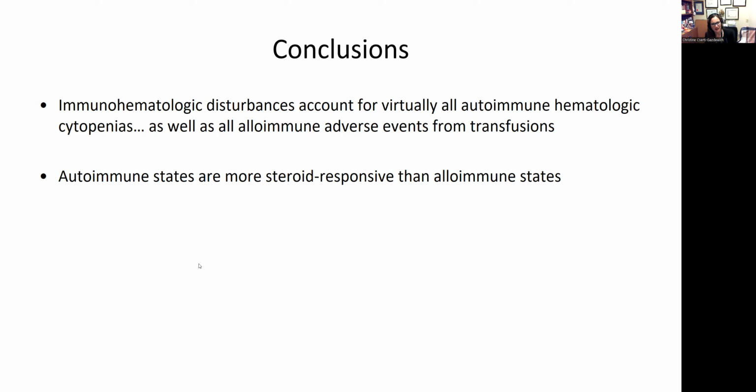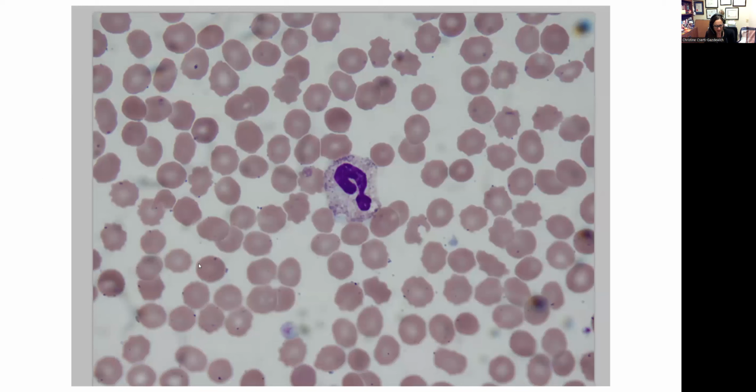So the alloimmune problems may be the cause of the cytopenia you're being asked to consult upon. Autoimmune states are also generally steroid responsive events, but if you have a steroid non-responsive state, again, I want you to think of alloimmune. So if you have any questions, please send me an email and follow up.